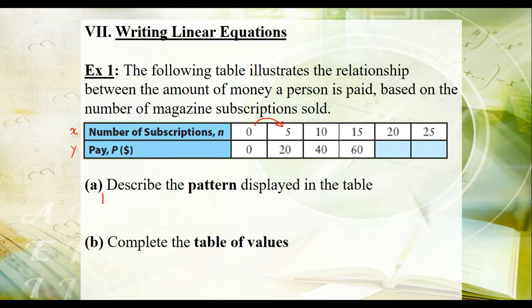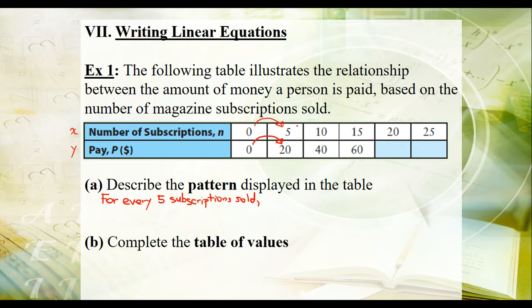Okay, so I'll say for every 5 subscriptions sold, what happens to the pay? Well, you can see here, it goes up by increments of 20.